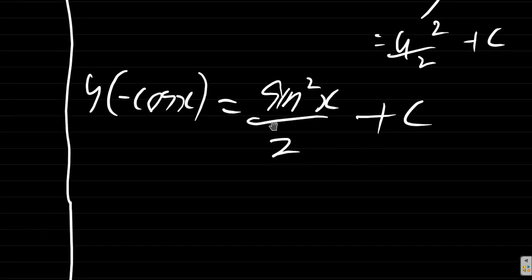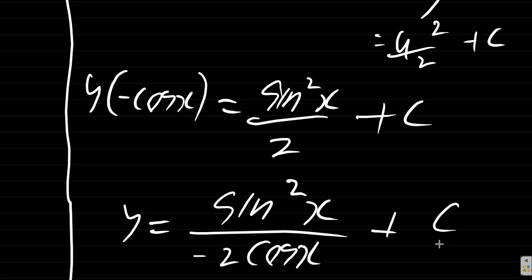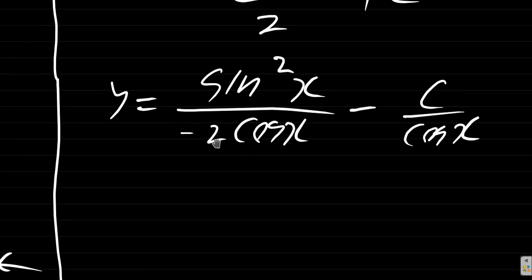Alright. Now, here, y is equal to, let's divide by negative cos x: sine squared x over negative 2 cos x plus c over negative cos x. But since we have negative and positive here, you're minusing c over cos x.